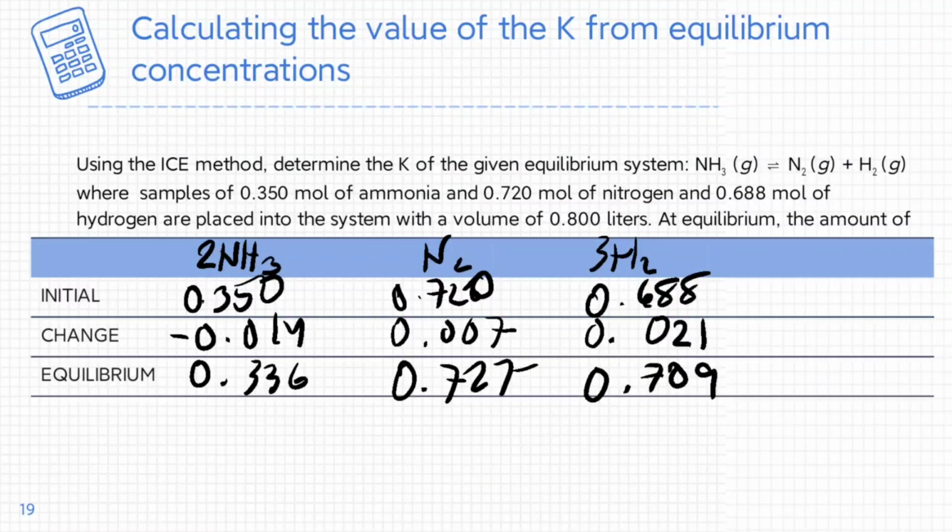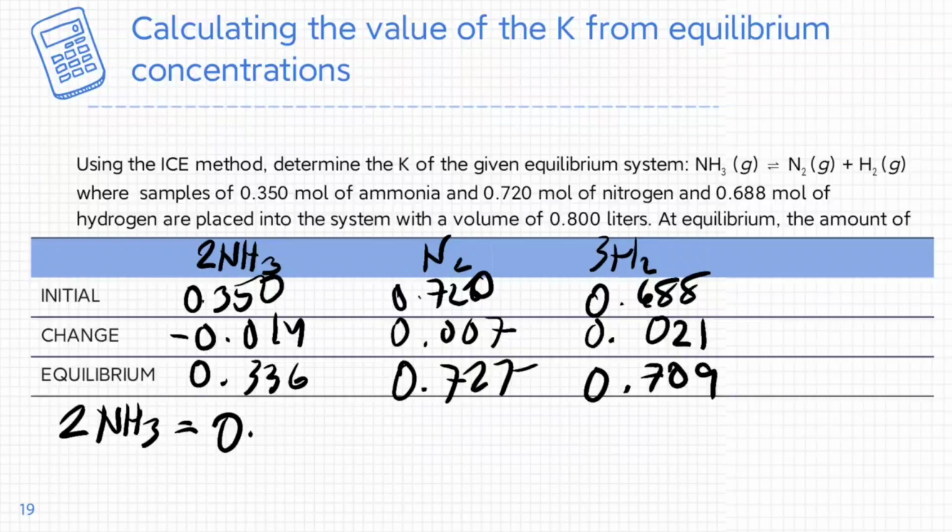Okay, now to compute for your equilibrium concentration for each of the compound, NH3 is equal to, okay, so dito is 0.42.